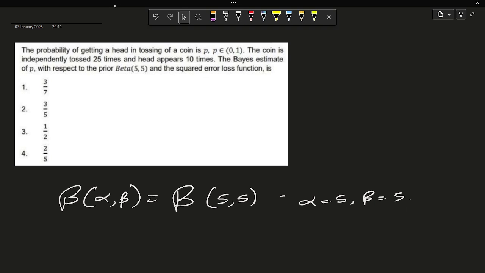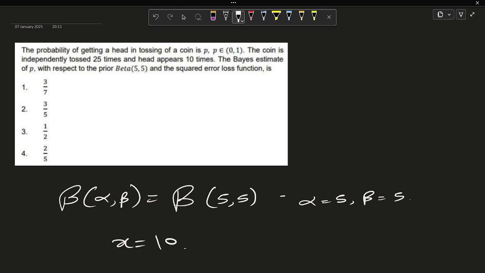Now, what is the given data? The coin is tossed 25 times and 10 heads are observed. Now we can write that the number of heads, let it be x, equals 10, as given in the question.